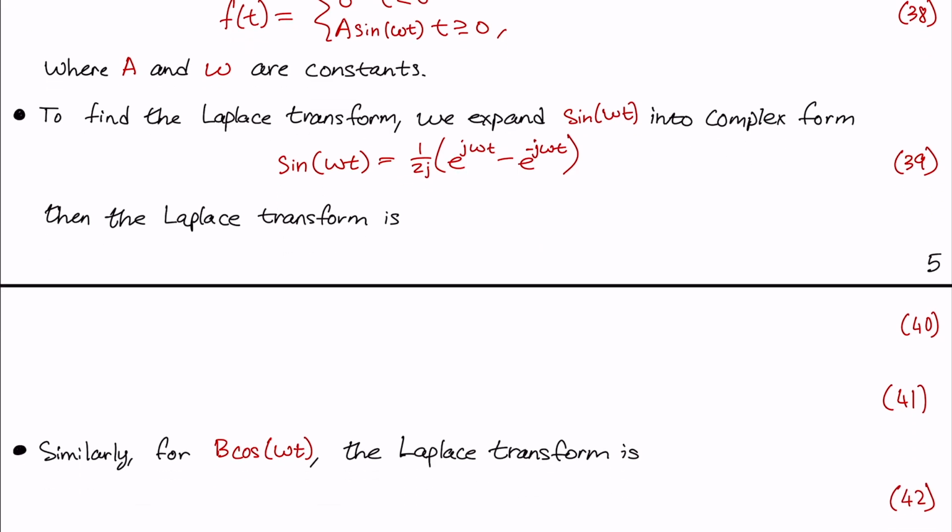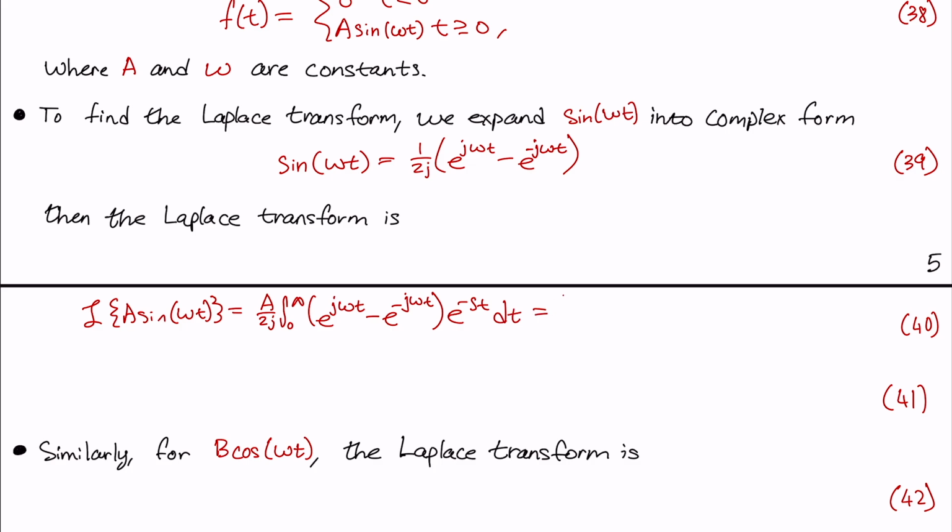Okay, so then our Laplace transform of a sine omega t is going to be equal to, we could pull out an a over 2j out of our integral, then the integral from 0 to infinity of the quantity e to the j omega t minus e to the minus j omega t, all multiplied by e raised to the minus st, dt.